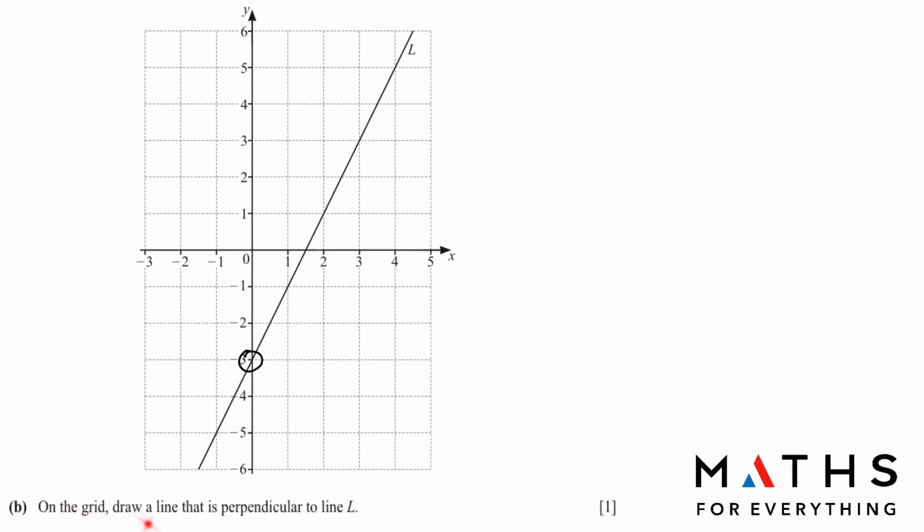B, on the grid, draw a line that is perpendicular to line L. We just have to draw a line that is perpendicular. We don't need the equation or anything. Take your ruler and place the edge of the ruler on this line. Suppose you have a ruler like this.